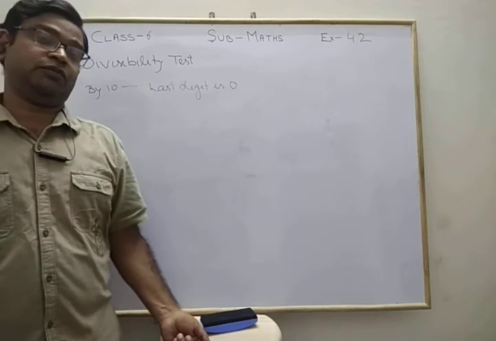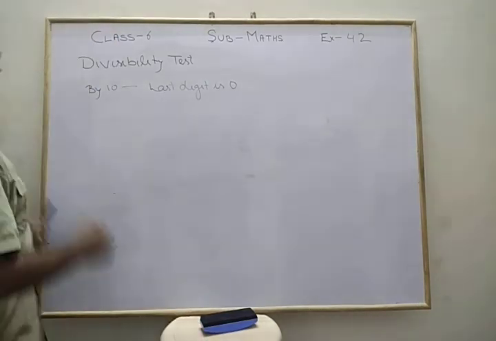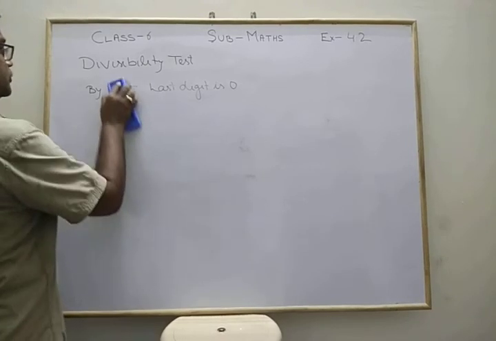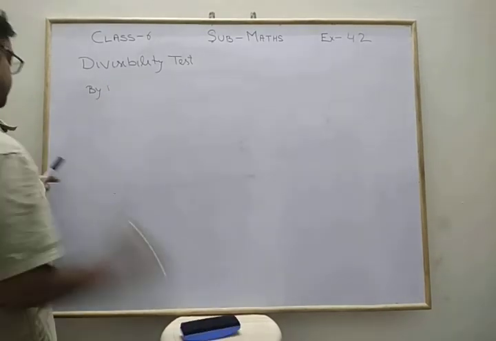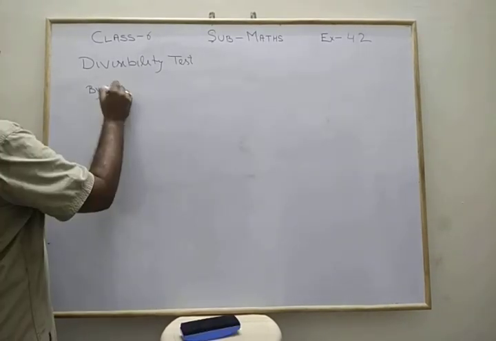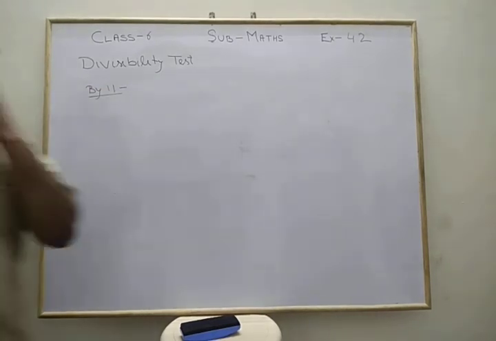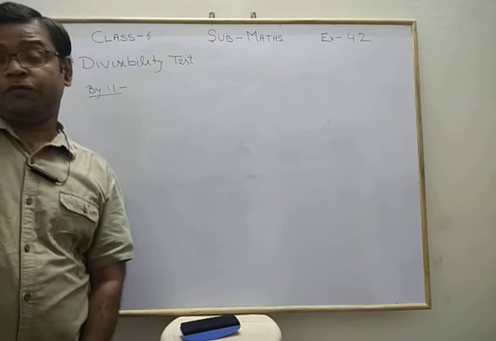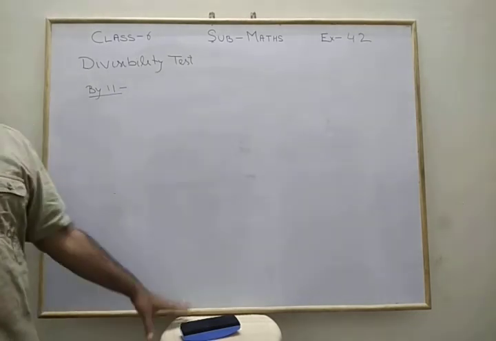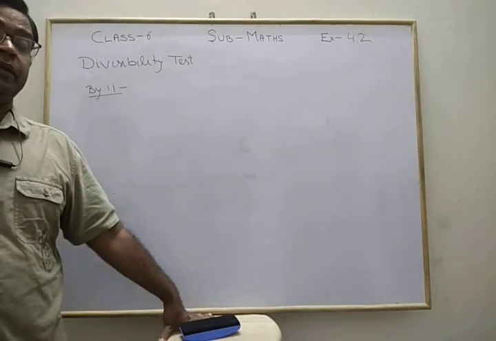Next one is the most confusing, it's 11. How do we find whether a given number is divisible by 11 or not?